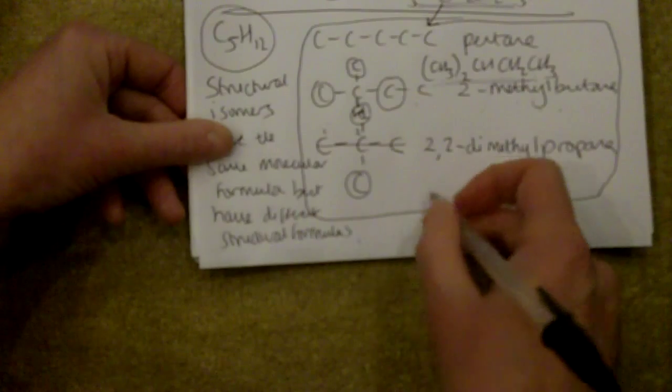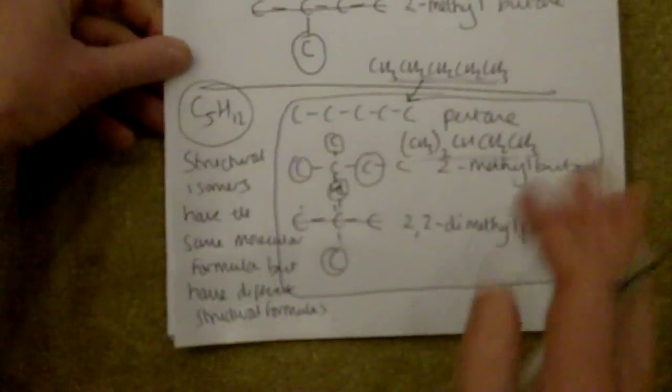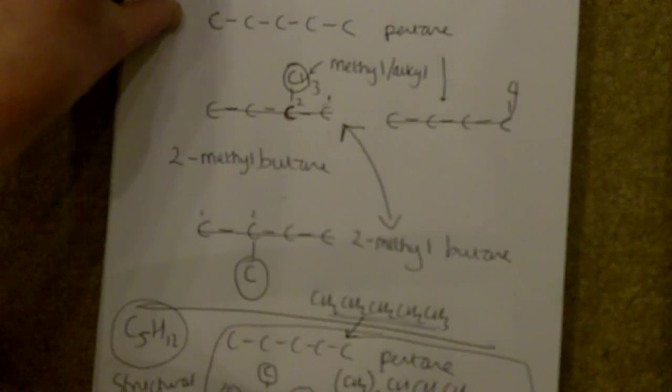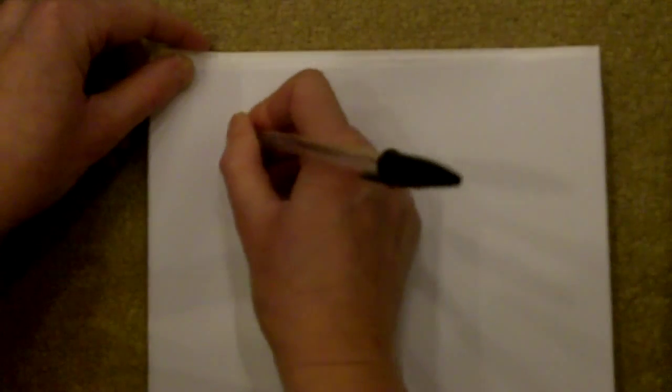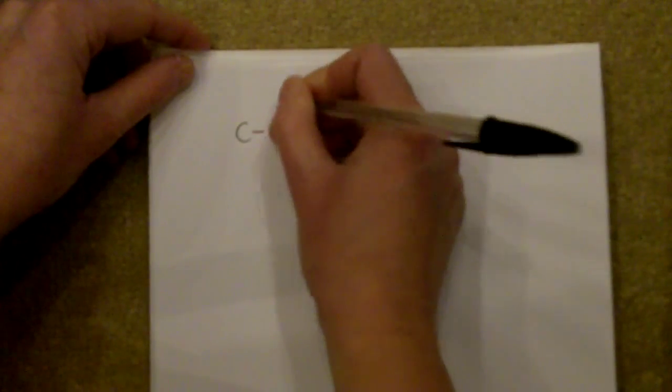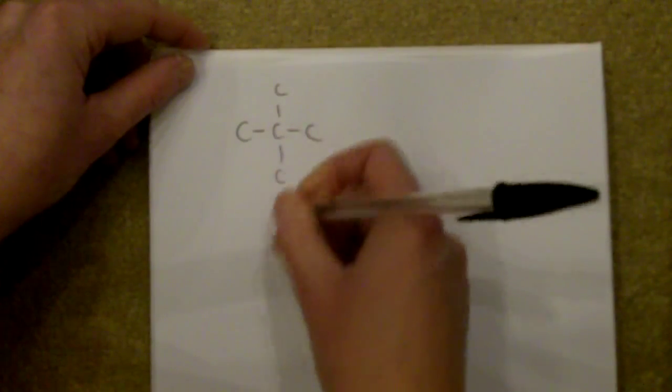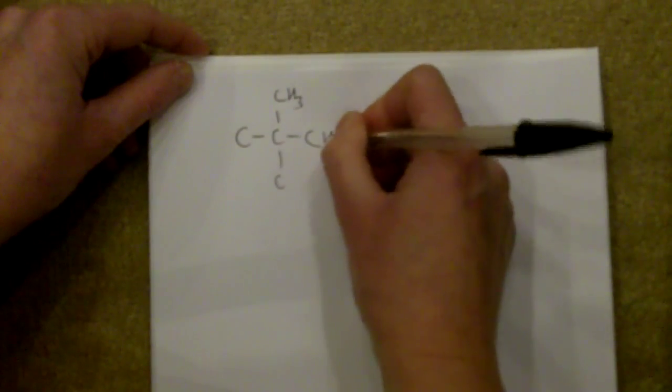And then the last one, I've scribbled all over, it's not very clear. Let's do the last one on a new piece of paper. So the last one was like this. Okay, 3 carbons in a straight row, and a carbon coming off, and a carbon like that. And this is a CH3, that's a CH3.